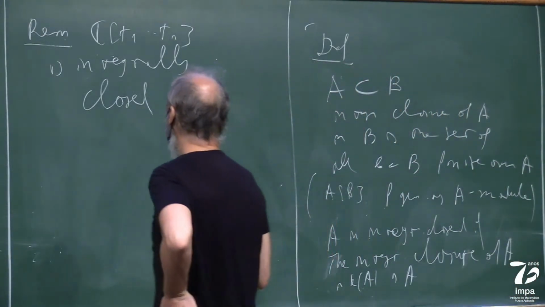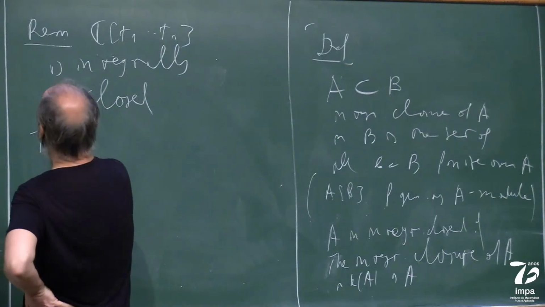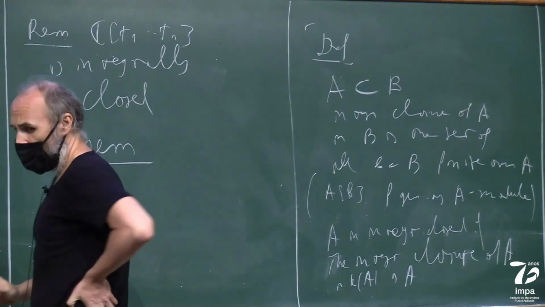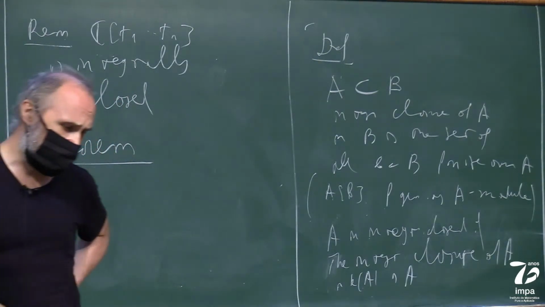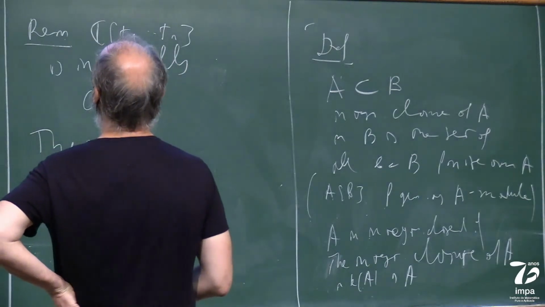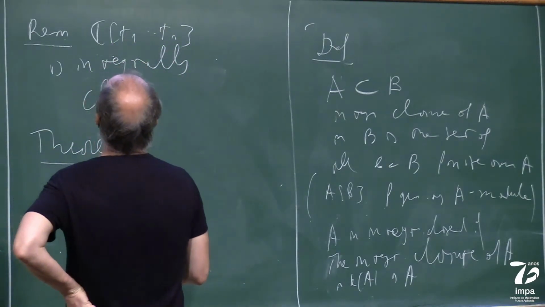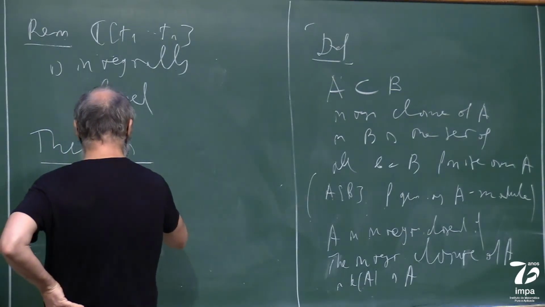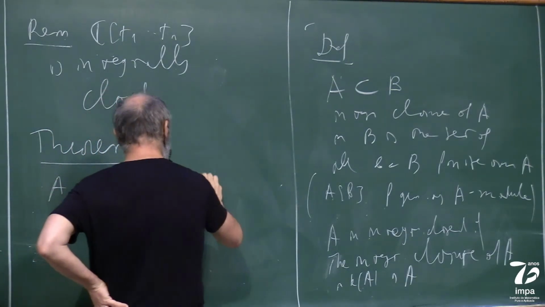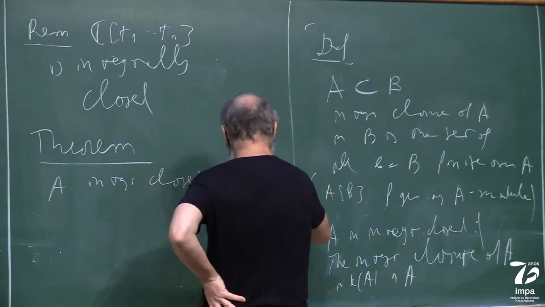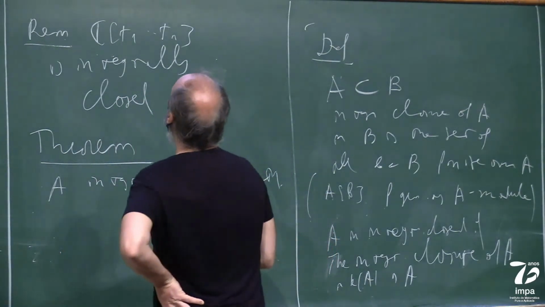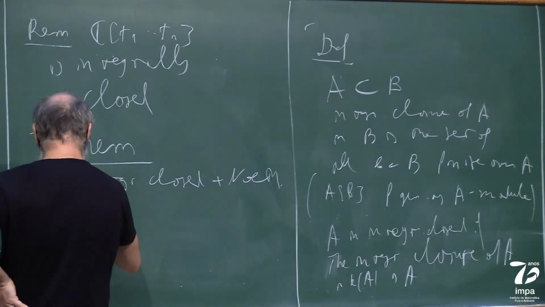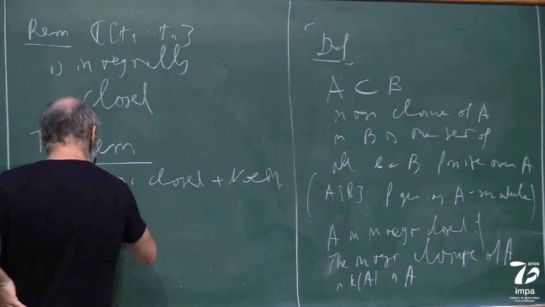Okay. Now we have the following useful theorem, which we proved using this number theoretic argument with trace, if you remember. So you have A integrally closed and Noetherian. And then you have K big over K small of A, a finite extension.